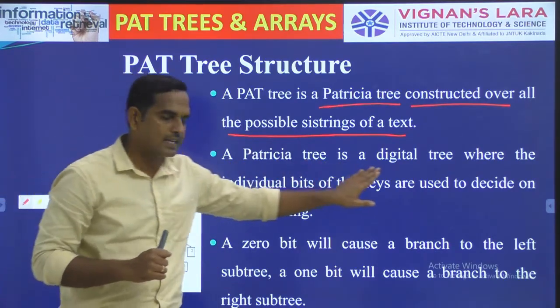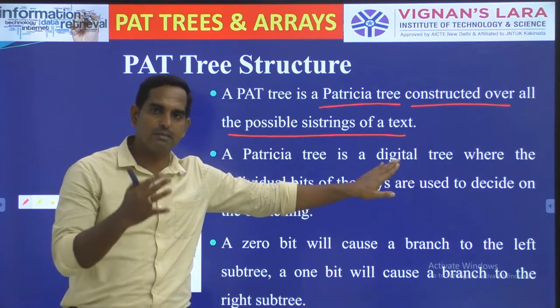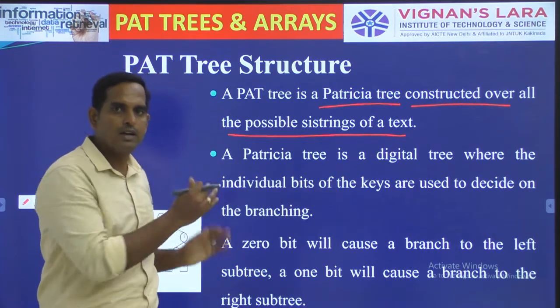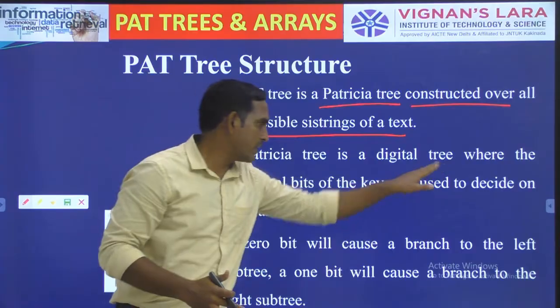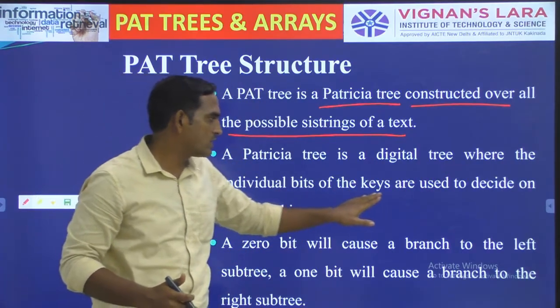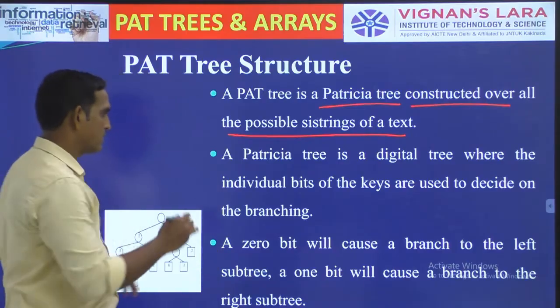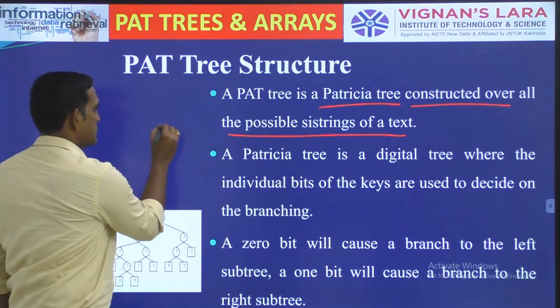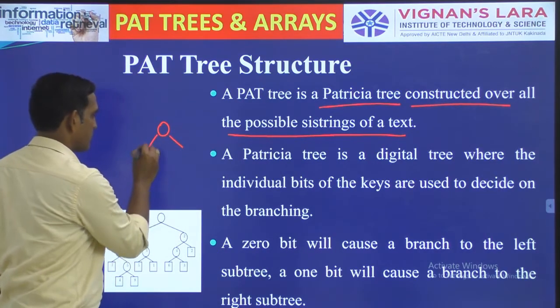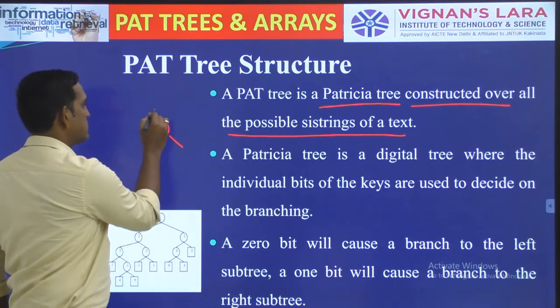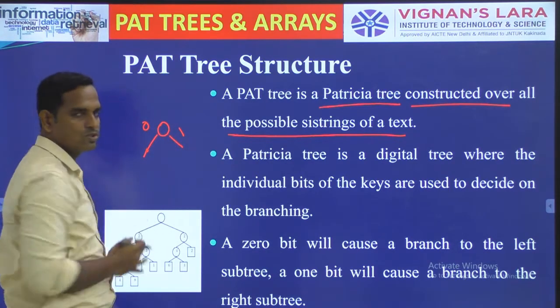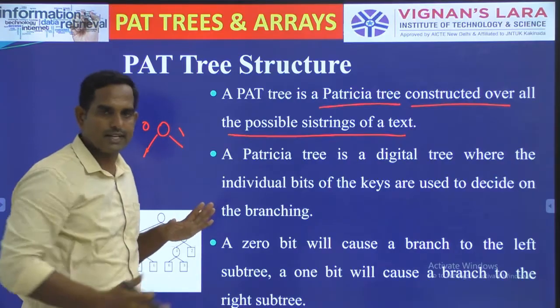A patricia tree is a digital tree. Digital tree means you will have values 0 or 1, where the individual bits of the keys are used to decide on branching. Your individual bits will decide whether you have to branch to your left hand side or the right hand side.